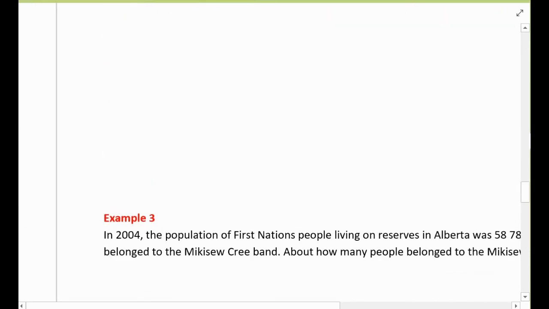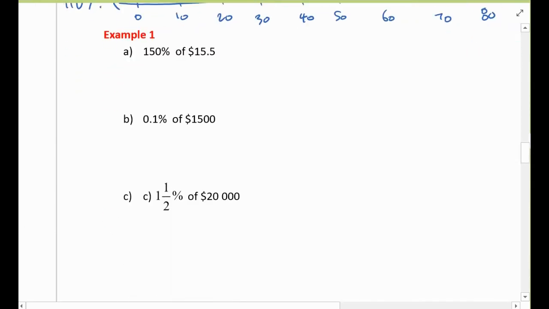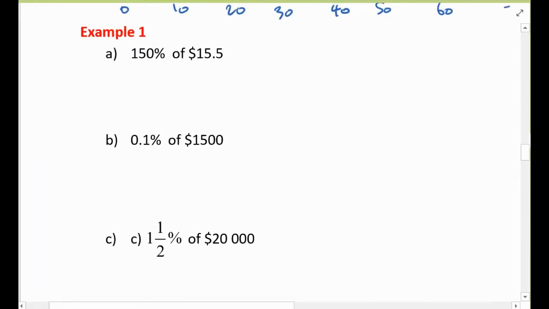Alright, everyone, let's move on. Look at example 1A. I have 150% of $15.50. What you're going to do is change this to a decimal, change of to multiplication, and multiply 15.5. So 150%, how do you change this to a decimal number?